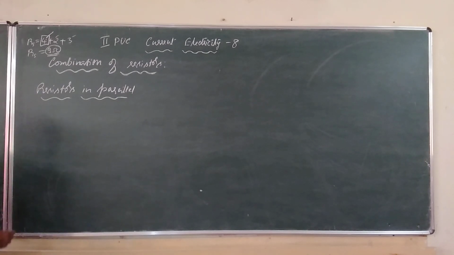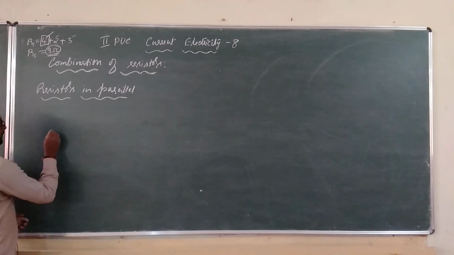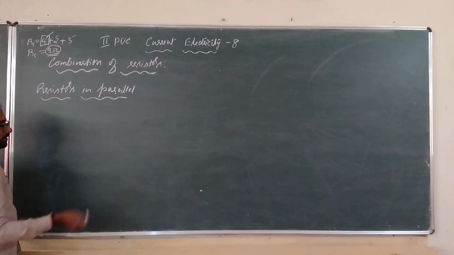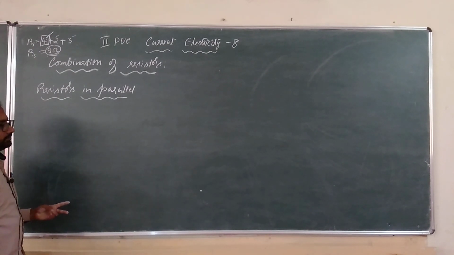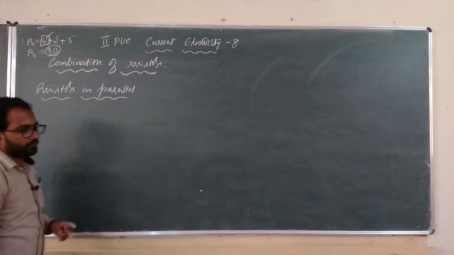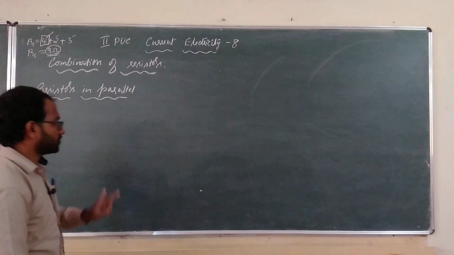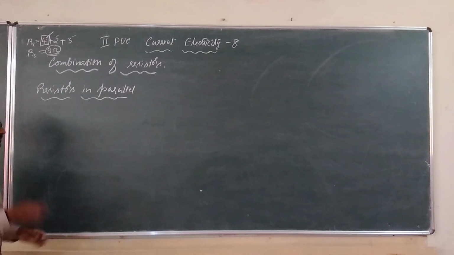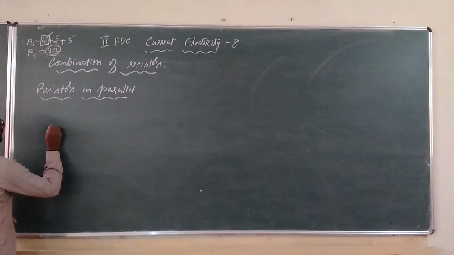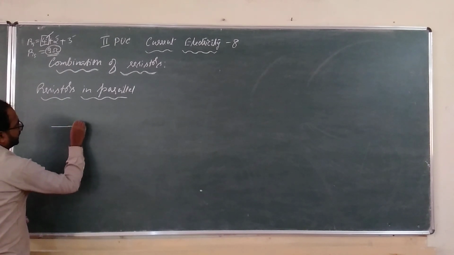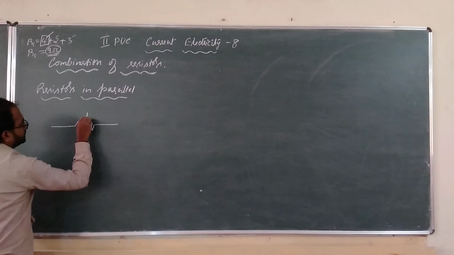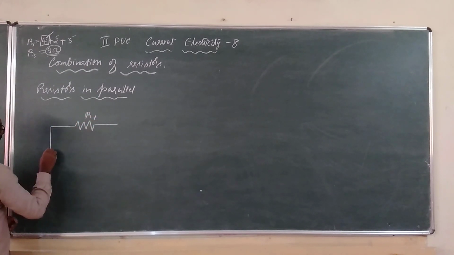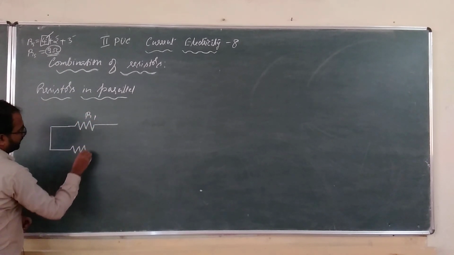So we take two resistors. To make a combination we need two resistors. So the minimum number of resistors required for series or parallel combination is 2. Okay, so two resistors of resistances R1 and R2 are connected in parallel.